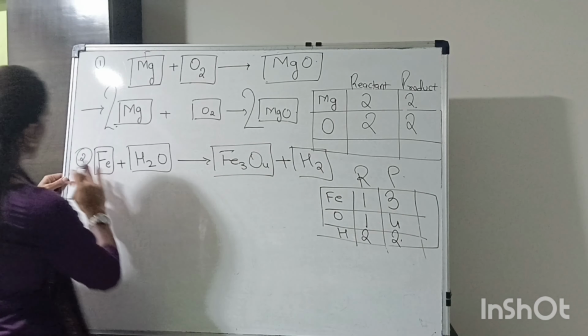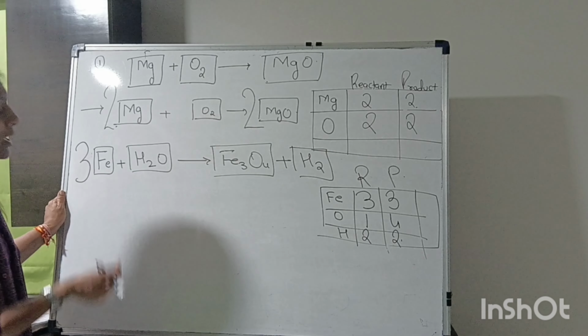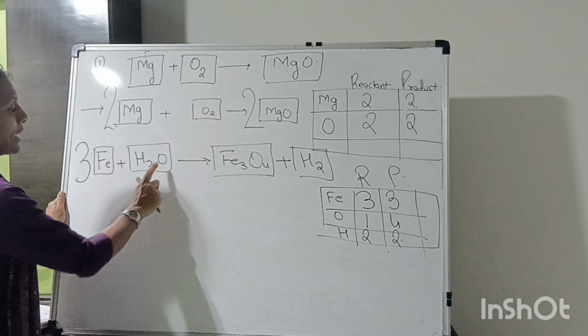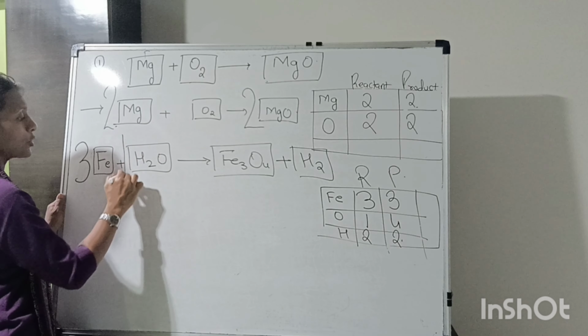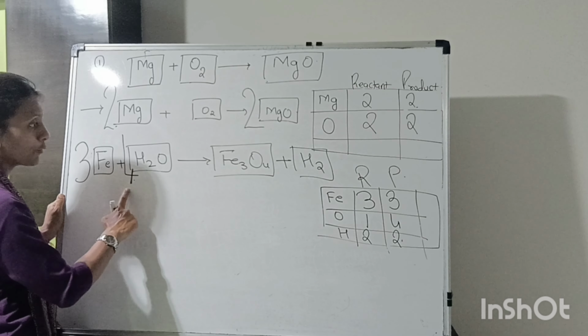This shows that 3 atoms of iron on the reactant side are balanced with 3 atoms of iron on the product side. So here we balance the number of iron. Now come to oxygen. Here we have 4 oxygen and here we have only 1 oxygen. What you can do is put a 4 here. In front of water write a 4.